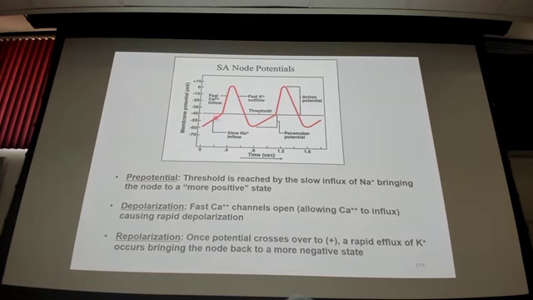Slow input of sodium, slowly bringing us to a less negative state. Fast input of calcium, which is 2 plus. Efflux of potassium, which brings us back down to net negative. Sodium starts to come back in, calcium starts to come back. Then it just does it over and over and over again. Does that make sense? Everybody? All right.